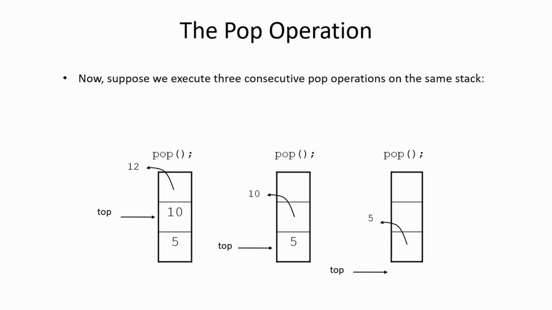Similarly, when we remove 10, the value of 10 is popped and the top pointer is decremented to point at 5. And finally, the top element left is 5, which is then removed when we perform the third pop, and the top pointer is decremented to point at null or -1.